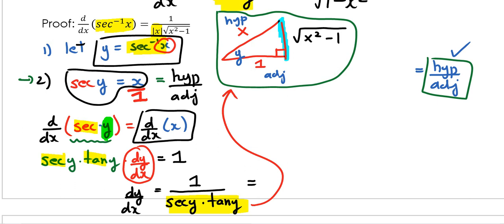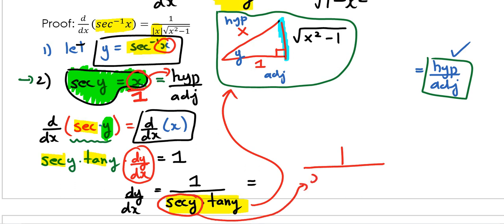Secant y, this part right here, is basically this part right here highlighted in green. Secant y is just equal to x, and x is your hypotenuse, right? So secant y is just going to be the letter x. It's just the hypotenuse. And then I want to find tan y. So I'm highlighting tan y here in green.